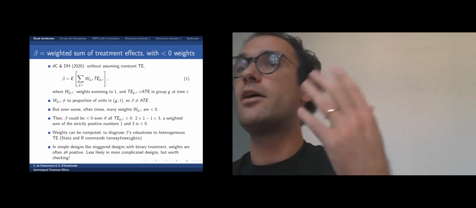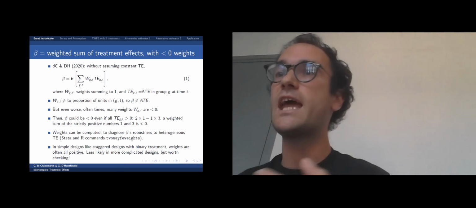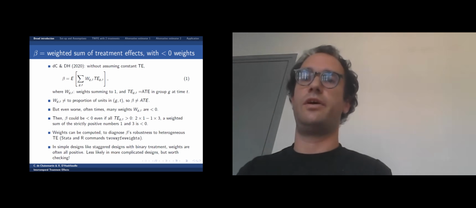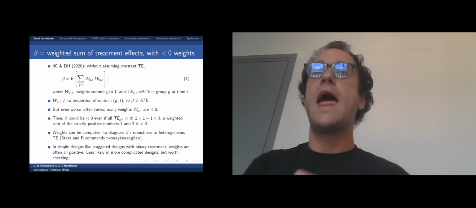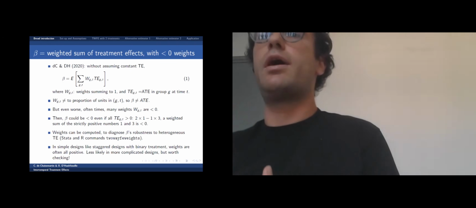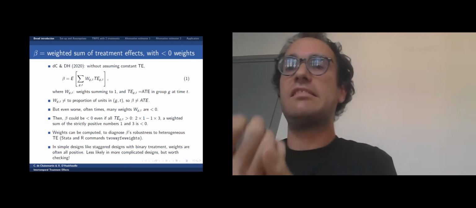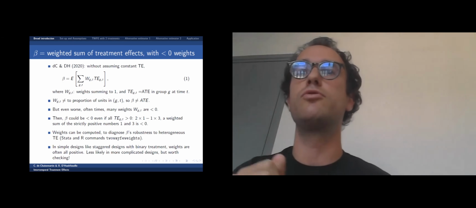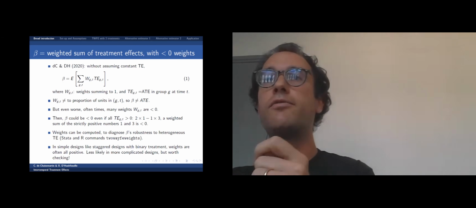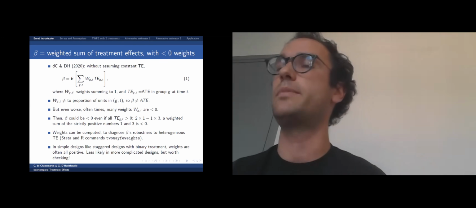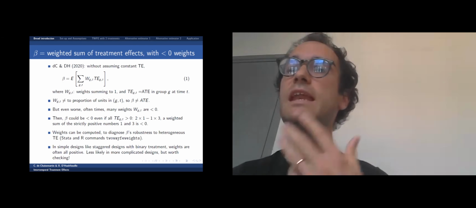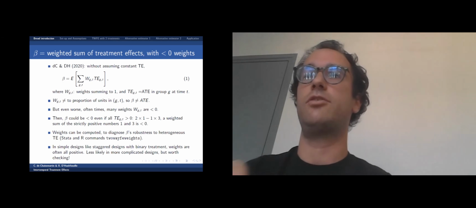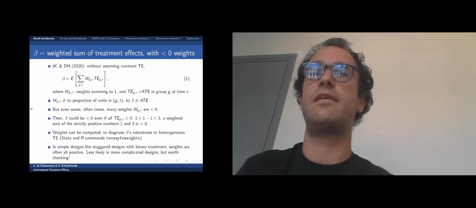And so you may not be estimating the average treatment effect, but at least you're estimating a convex combination of treatment effects. Having only positive weights is unfortunately much less likely in more complicated designs where the treatment could be binary but switch on and off, or the treatment could just be not binary. But in any case, I think it's worth checking the weights attached to your two-way fixed effects regression.